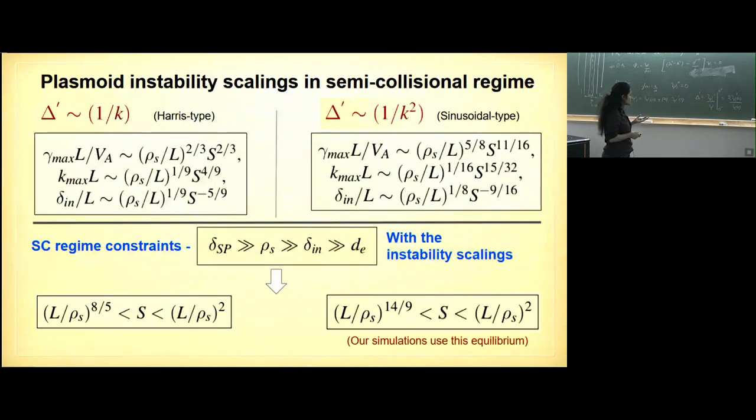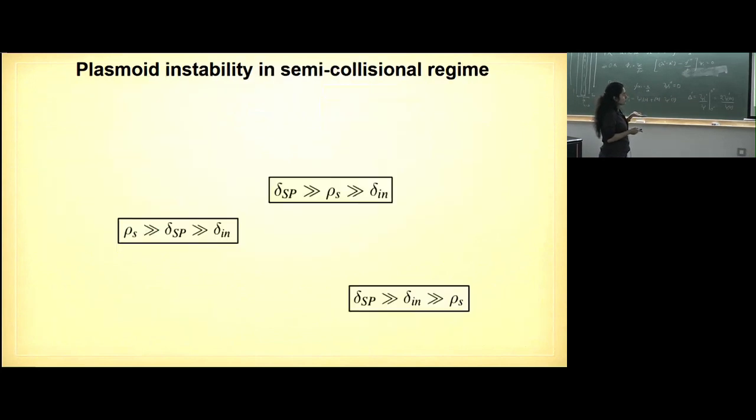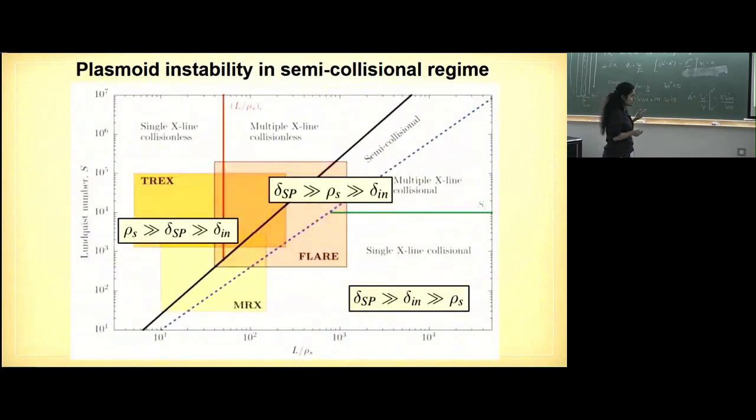So this is great because now if you revisit the reconnection phase diagram, a window opens up over here due to the semi-collisional regime. So there is a window in which you can get plasmoids now, which overlaps the experimental phase space. Okay.